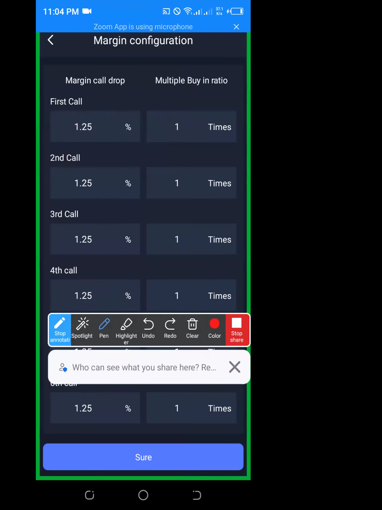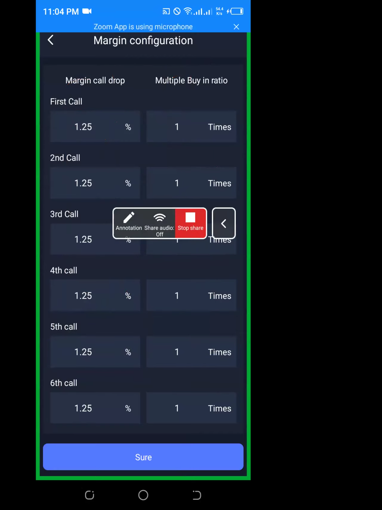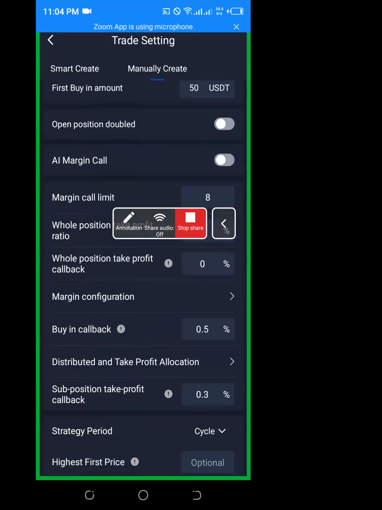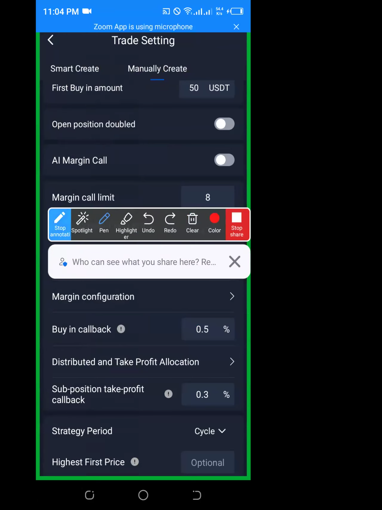When the market drops by negative 1.25, the robot will not buy the first call immediately. The robot will first wait for this asset to gain value by 0.5%. Then it buys the first call. So that increase in the margin call drop is what we call the buying callback.